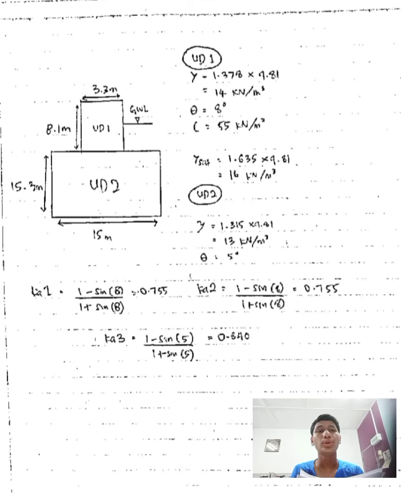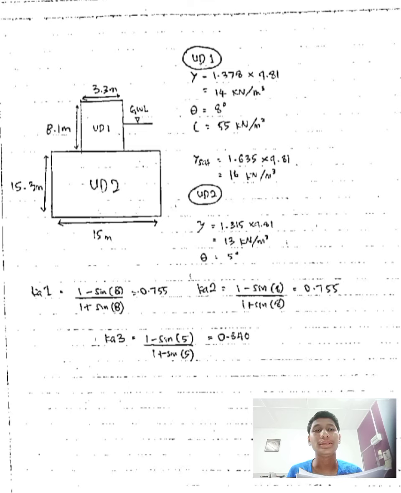For UD2, gamma 2 is 1.315 times 9.81, and total is 13 kilonewton per meter cube. Tangent is 5, angle is 5, and cohesion is 0. Now we calculate Ka1, 1 minus sin 8 per 1 plus sin 8.